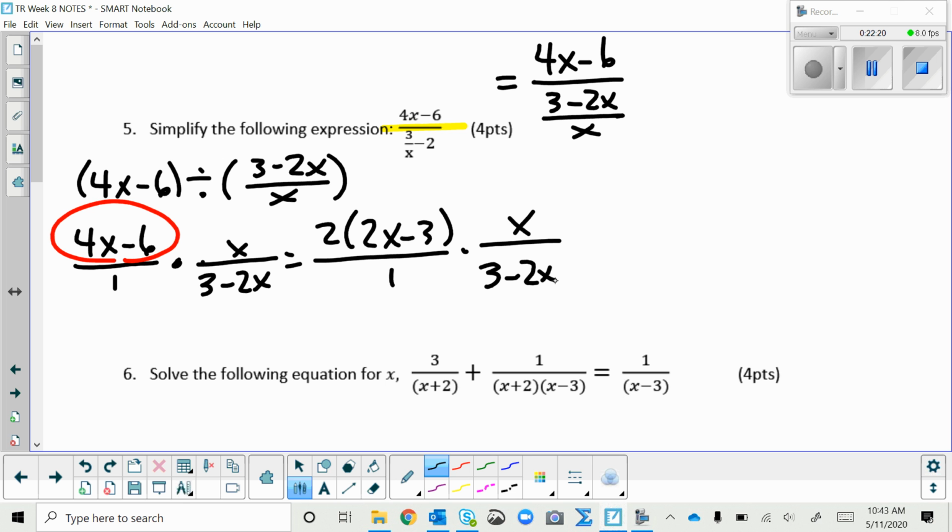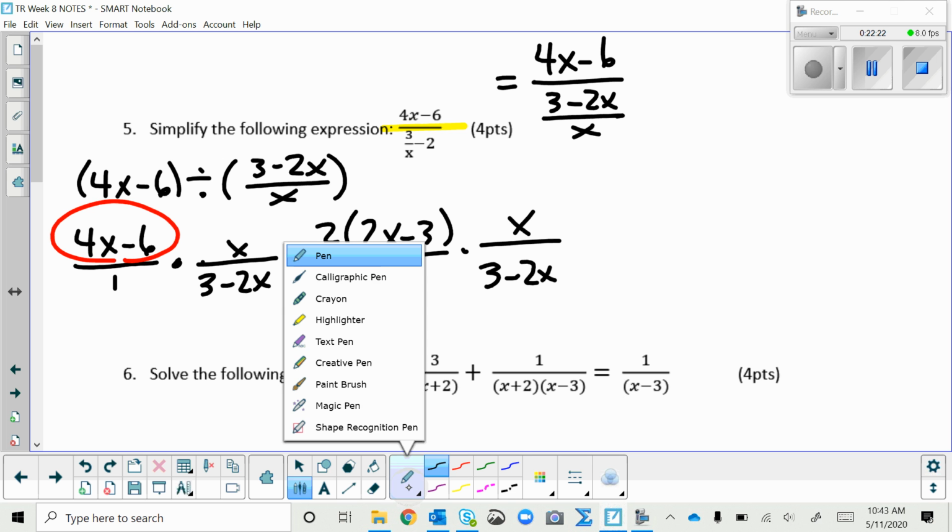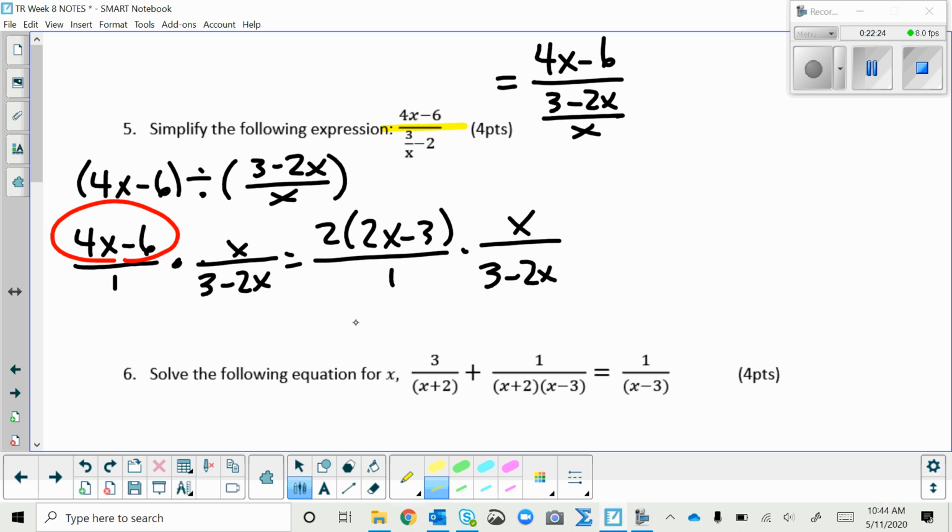But if you look closely, there's two things that are almost the same. This looks like that. It's just the signs are opposite. Like if you rewrite 3 minus 2x, if you switch the order, it's negative 2x plus 3, which is kind of like the 2x minus 3 there, but the signs are different.